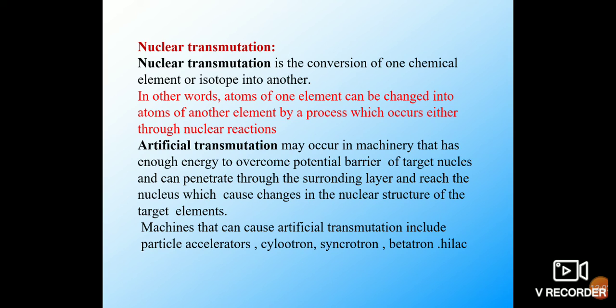Various machines are used to energize the bombarding particles. The machines used for that are particle accelerators, that is cyclotron, synchrotron, betatron, LINAC, etc.